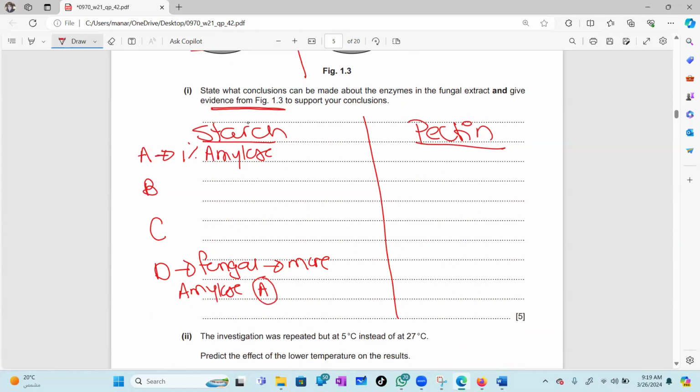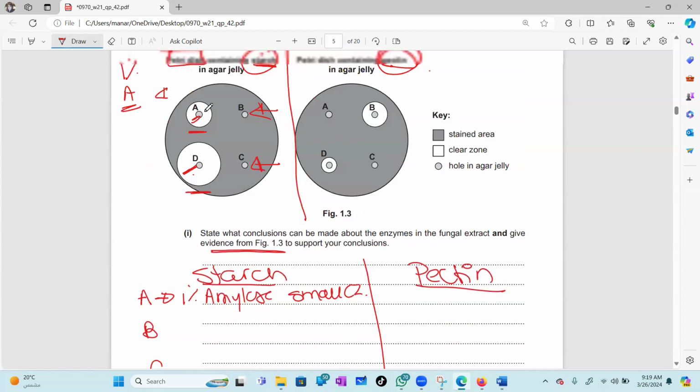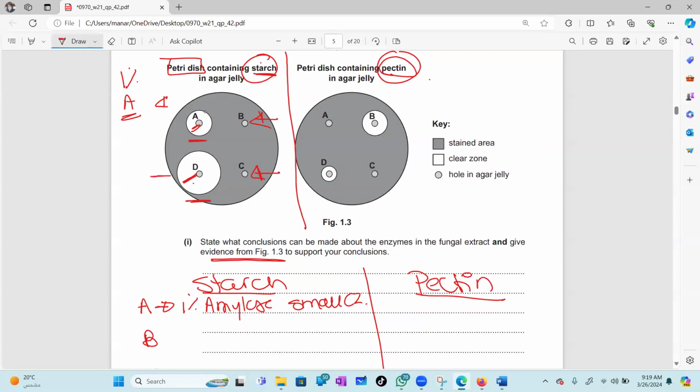Because the clear zone is wider. A will have a smaller clear zone than D. This means that less starch was digested in A and more starch was digested in D.